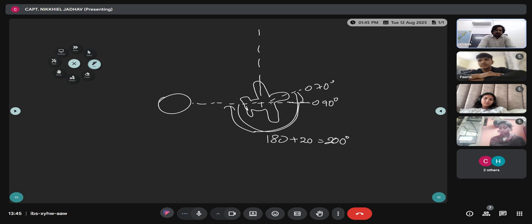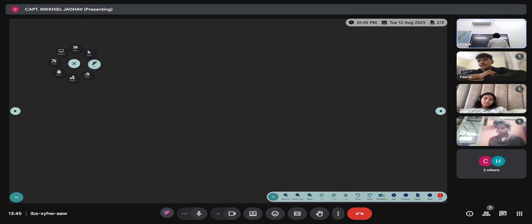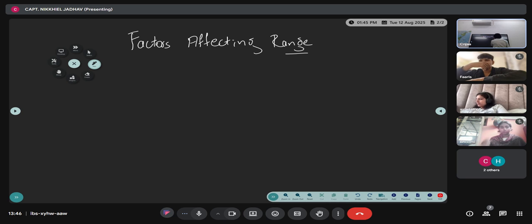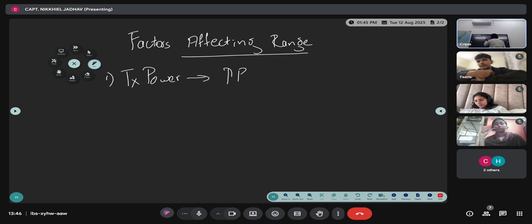The first one is transmission power, which I already mentioned previously: higher the power, higher will be the range.